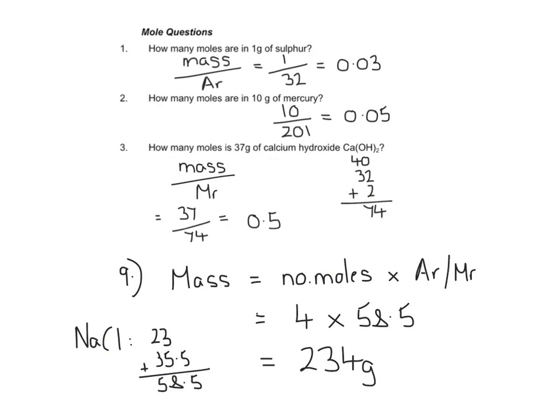And if you think about it, if 1 mole is 58.5 grams, the mass of 4 moles will be 4 times that. So it's important that we learn this expression for the number of moles, but it's also important that we're able to rearrange it depending on what the question asks for.